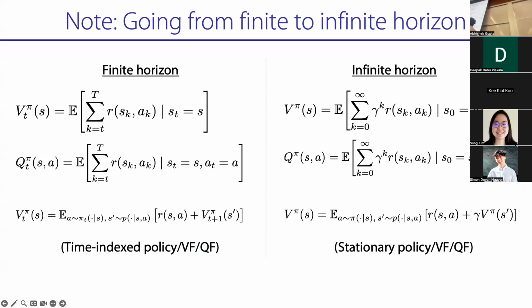If you want to be precise, make sure to time index everything. The Bellman equation goes from V pi sub t to V pi sub t plus 1, because the time index matters. On the left-hand side, I've taken t steps, on the right-hand side, I've taken t plus 1 steps. So if you ever want to do finite horizon, make sure to time index everything.